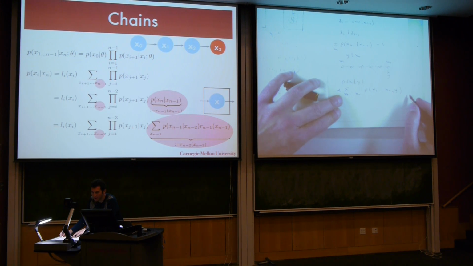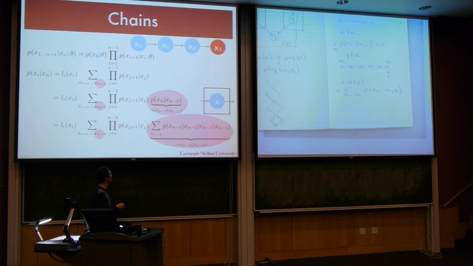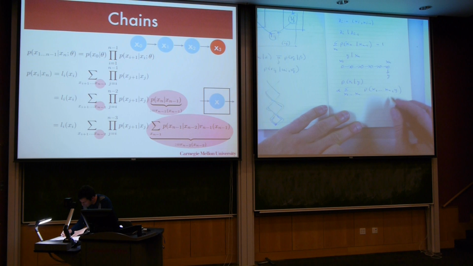And now all of a sudden, this big reddish blob on the right hand side here is not normalized to 1 anymore, because you have this very last dependence here. So basically you have p of y given xn times p of xn given xn minus 1.